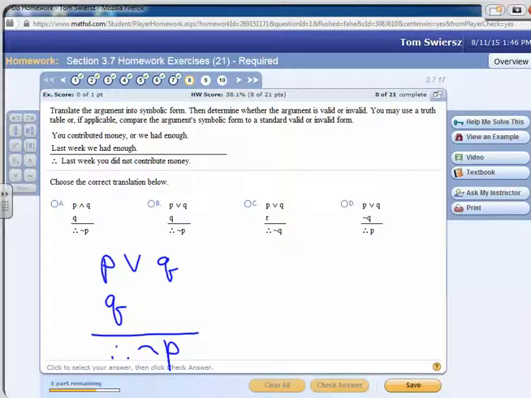Now actually this matches one of the 4 invalid forms on page 186 of your textbook.